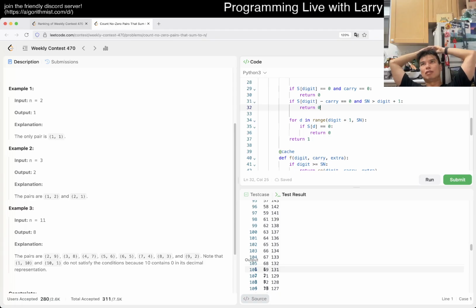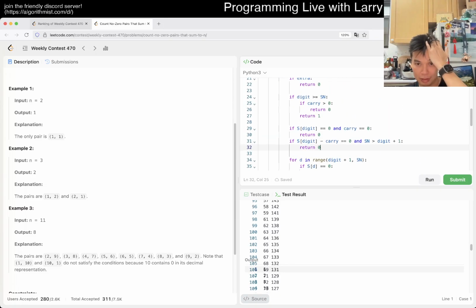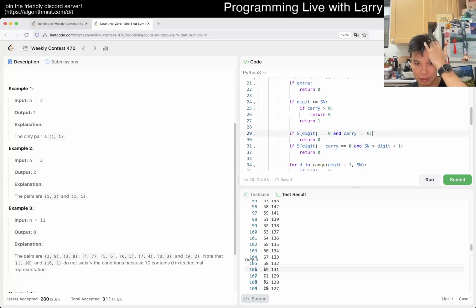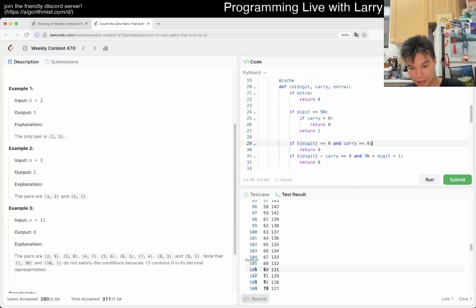No. As of digit minus. No, it has to match. Yeah, I mean, we were trying to match, right? So, no. Is this one?